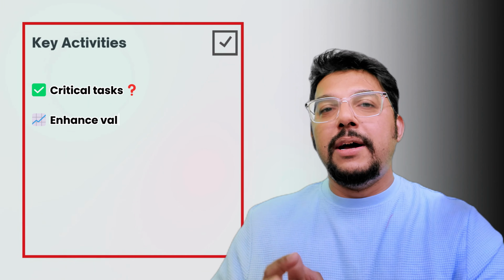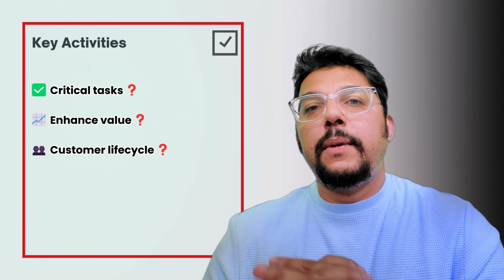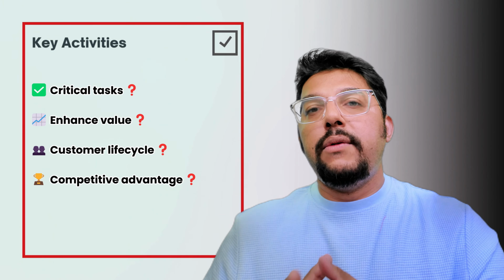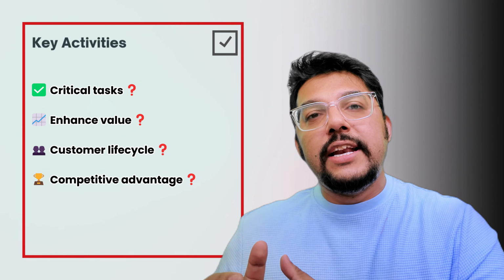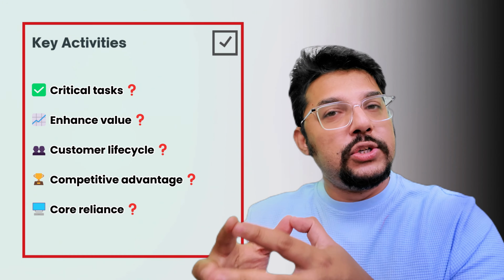What activities help us maintain and enhance our value proposition? Which processes drive customer acquisition, engagement, and retention? What activities are crucial for maintaining competitive advantage? Do we rely on technology, research, operations, or customer support to function? By identifying these key activities, a business can optimize resources and focus on what really matters.